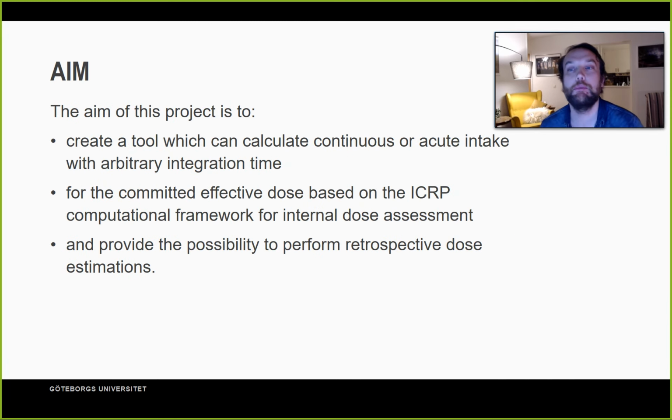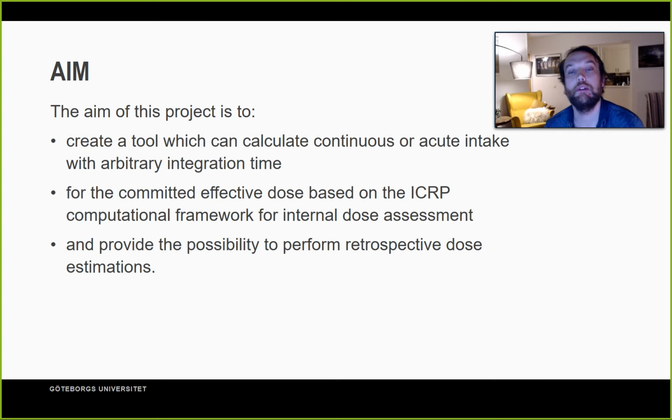The aim of this project is to create a tool which can calculate continuous or acute intake with arbitrary integration time for committed effective dose, based on the ICRP computational framework for internal dose assessments.